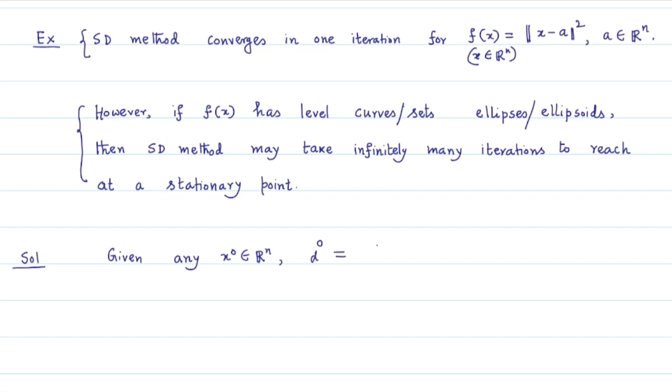steepest descent direction d naught is the negative of the gradient at the point x naught, which is given by negative of x naught minus a.